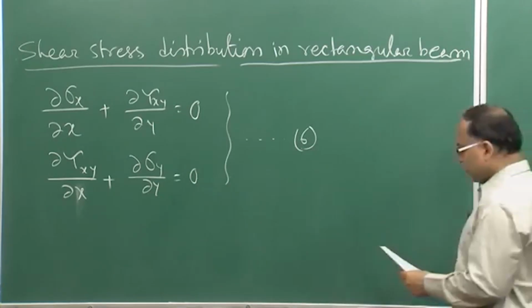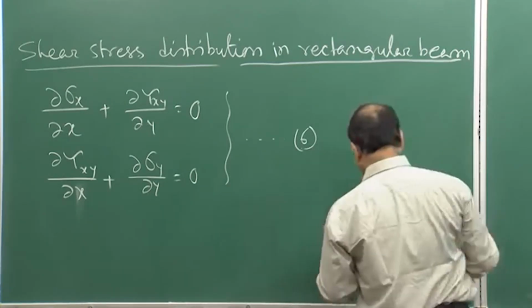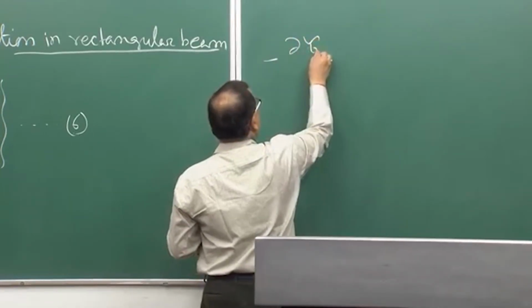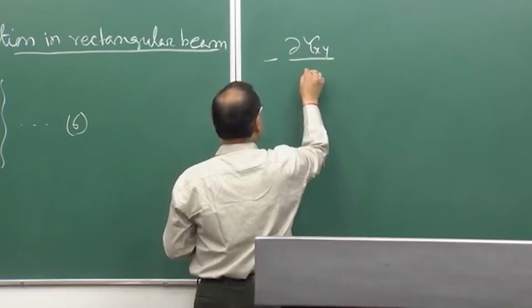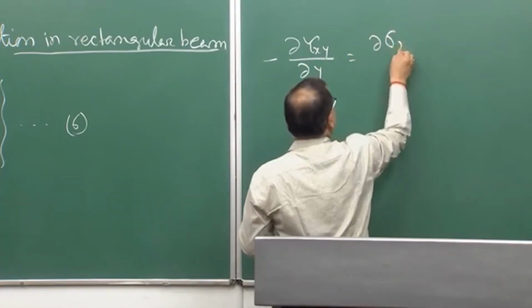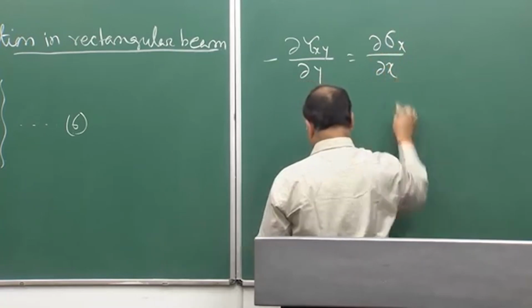So, from the first equation we can write simply del tau xy by del y is equal to minus del sigma x by del x.